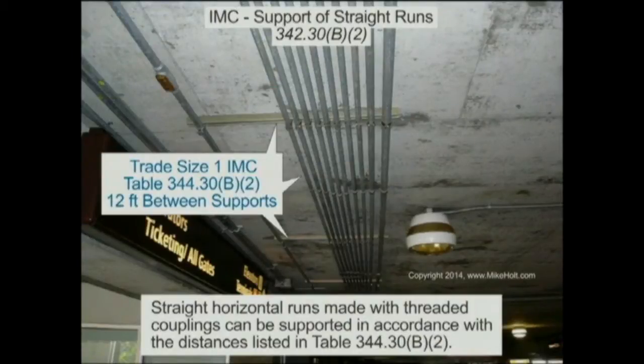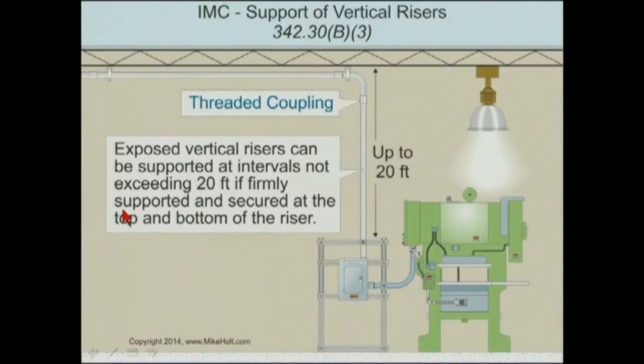Right. But if we're running straight runs and using threaded couplings, then I go to the table, and if this was 1 inch rigid conduit, well, 1 inch conduit can be supported per the table at 12 feet. Vertical risers, you can go up to 12 feet between the points of support.